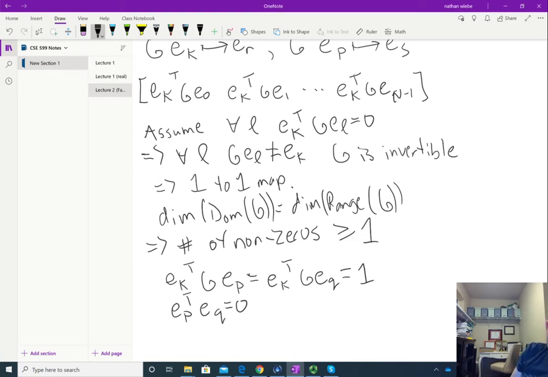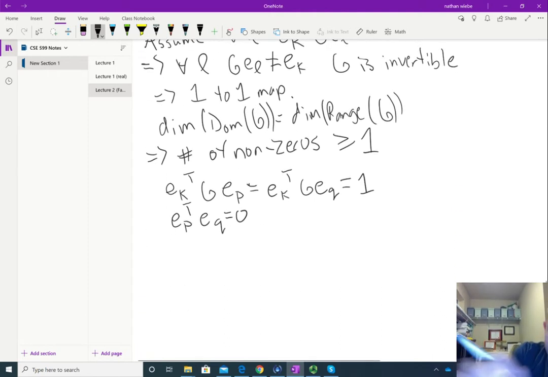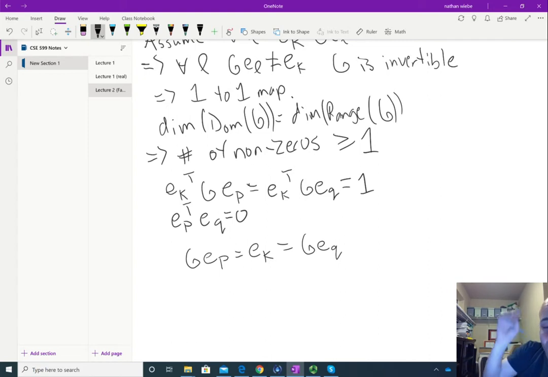If that's the case, then since all of the vectors are orthogonal, we can say that G E_p has to equal E_k, which has got to be equal to G E_q.